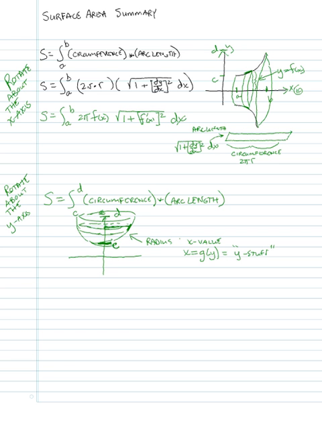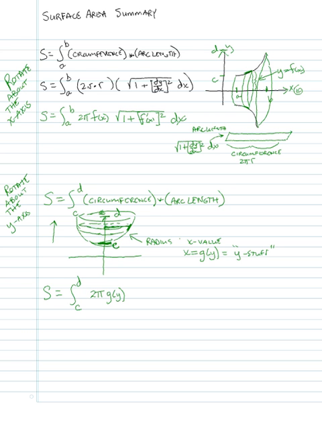So, going back to the surface area calculation, we would be starting our frustums down at the value of C, that y value of C, and we would stop at the value of D. So we're going vertically, starting at C and going to D, and adding up the surface areas of all those frustums that can be created there. The circumference of one of those frustums is 2 pi times the radius, in this case an x value, or g of y.